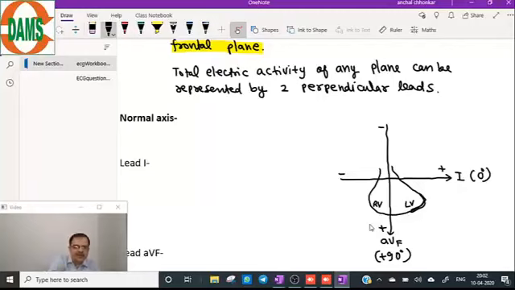This is just for example: in lead 1, QRS is positive. You have to take the net amplitude of QRS, and suppose, for example, this is plus 10 millimeters.